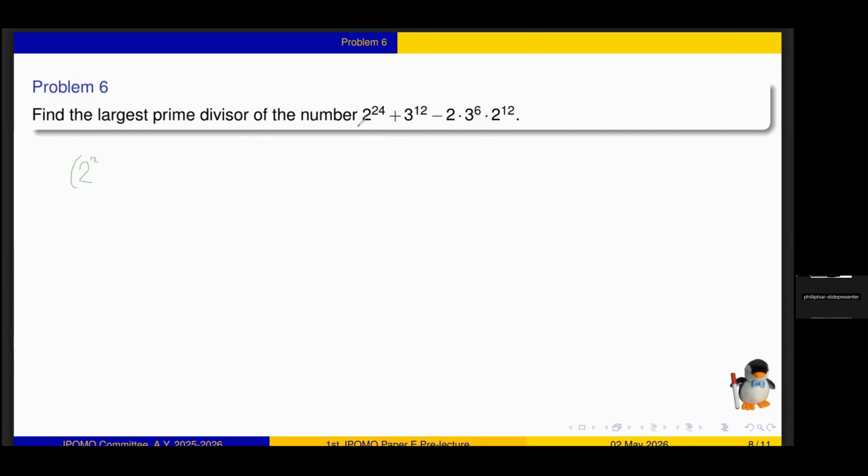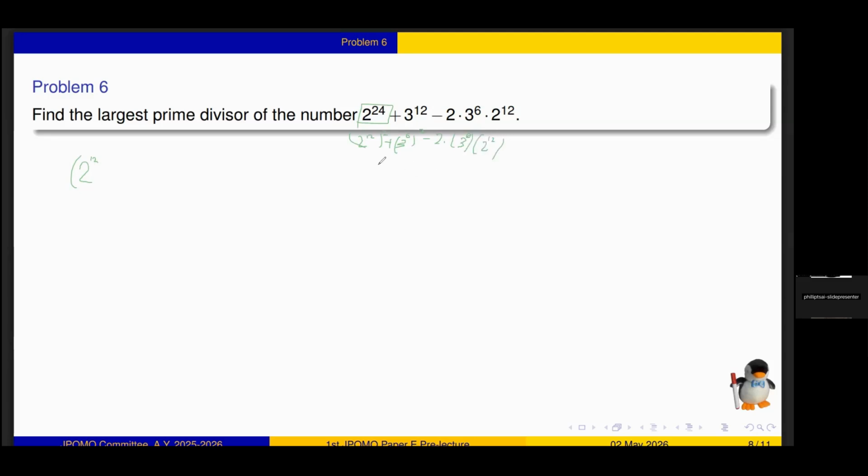So this is just 2 to the 12 squared, plus 3 to the 6 squared, my handwriting's bad, minus 2 times 3 to the 6 times 2 to the 12.